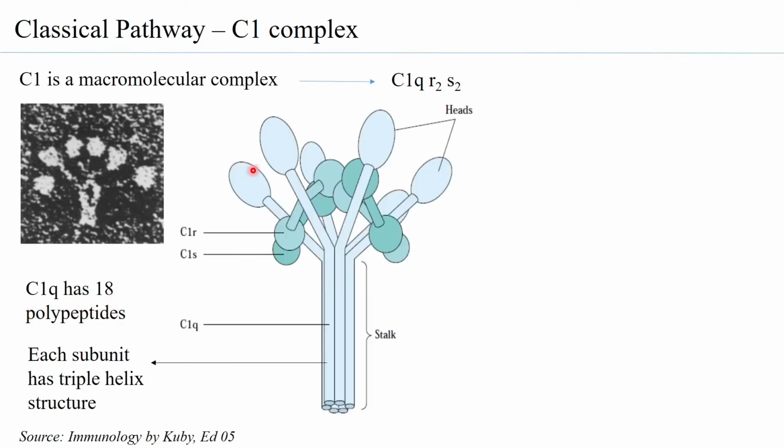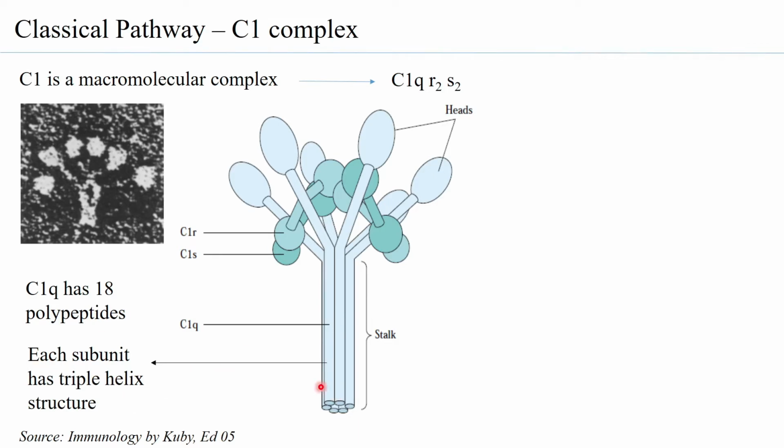As you can see over here, the light blue components are the C1q. And if you count them, you count 1, 2, 3, 4, 5, and 6. So there are 6 units which are attached together through the stalk region, forming a complex of 6 units. Every unit has 3 polypeptide chains, and these 3 polypeptide chains are present as a triple helix, just like the collagen triple helix.